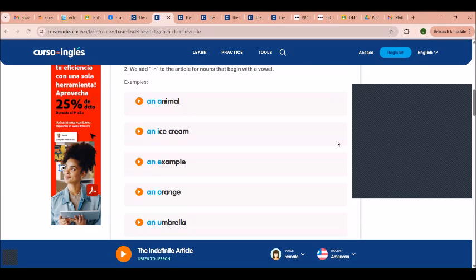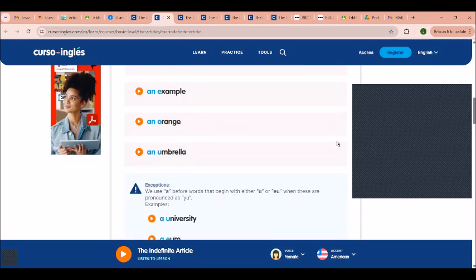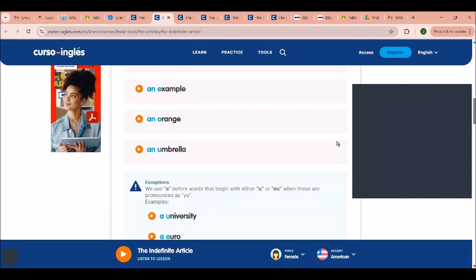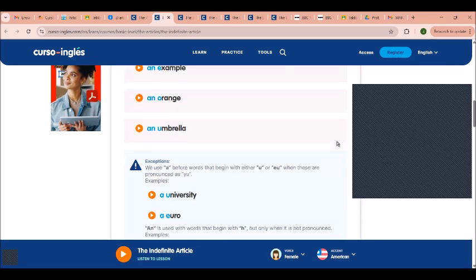If it's giving you the vowel sound, then use it. But if it's not the sound you're hearing, if you're hearing another sound because of the combination of letters, then follow the sound. For example, university, euro. That's not like umbrella. That's not like elephant. That's a different sound.